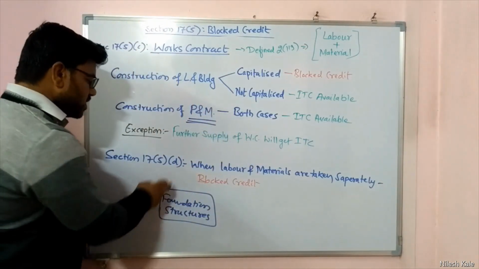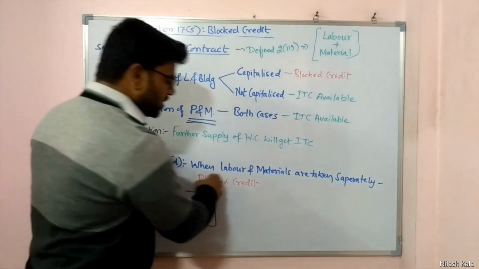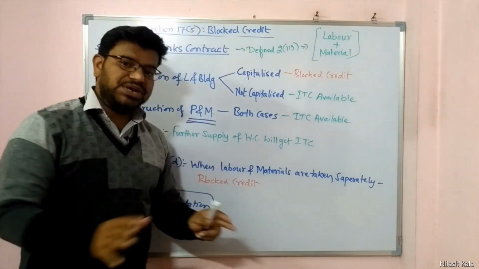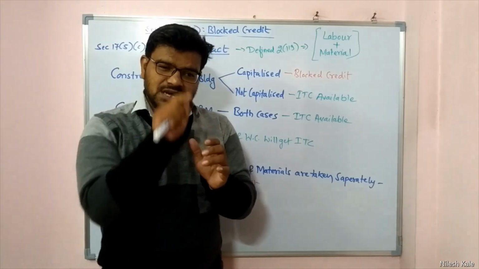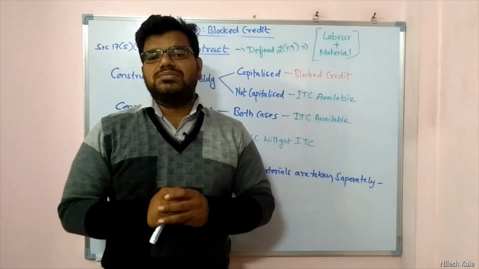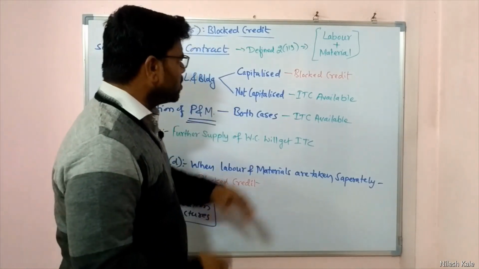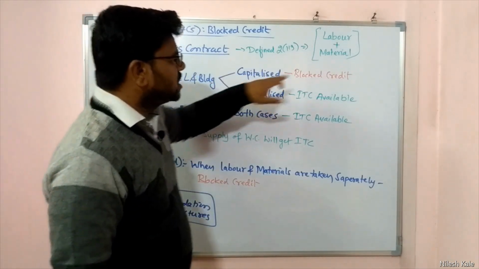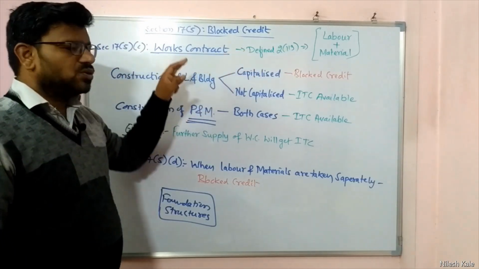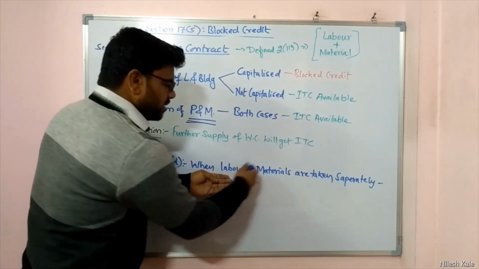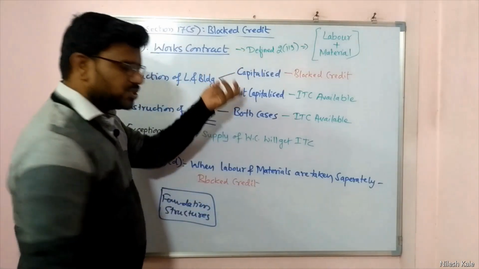Please remember this. Now there is clause D, which says when labor and materials are taken separately. Reliance is such a beautiful company. It always finds loopholes from the case laws. Works contract says that when labor plus material is combined, then we consider it a works contract. When labor and materials are taken separately, it is not a works contract.